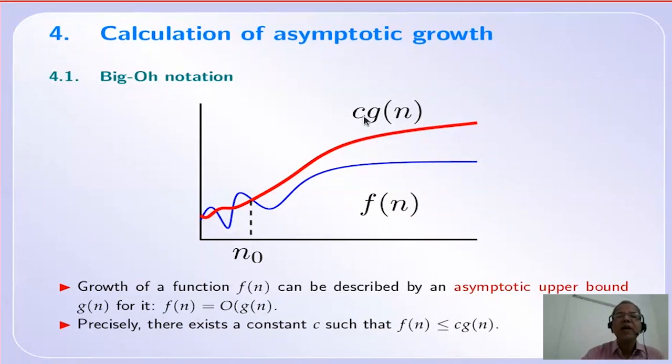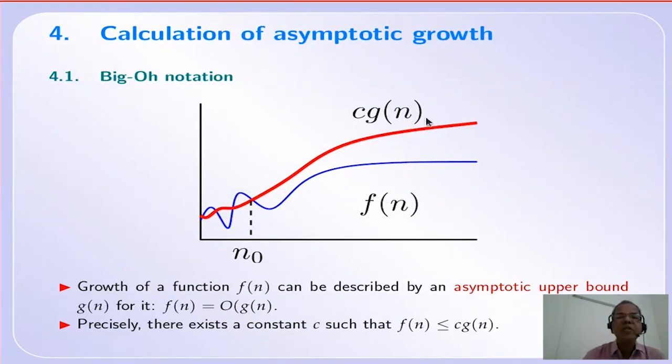It is enough if a constant times g of n is above f of n. Then we say g of n is an asymptotic upper bound of f of n. Note it carefully. It is not necessary that g of n is above f of n. It suffices if a constant c times g of n is above f of n. Then we say g of n is an asymptotic upper bound of f of n.